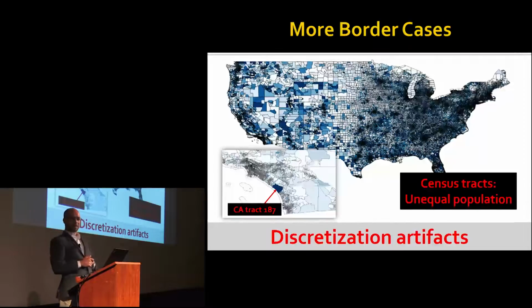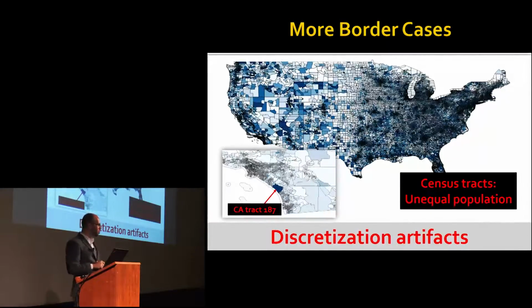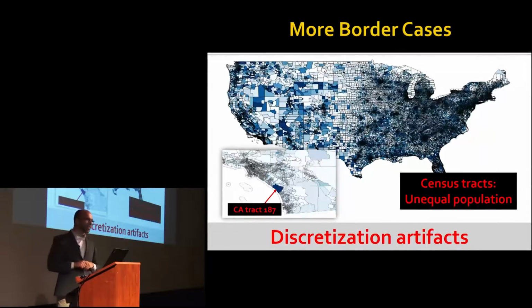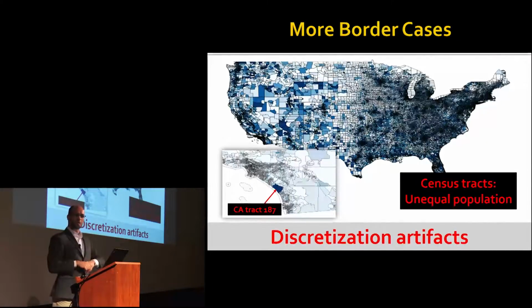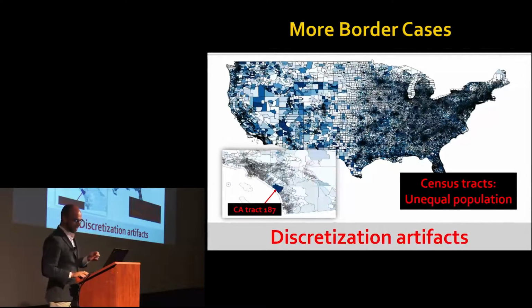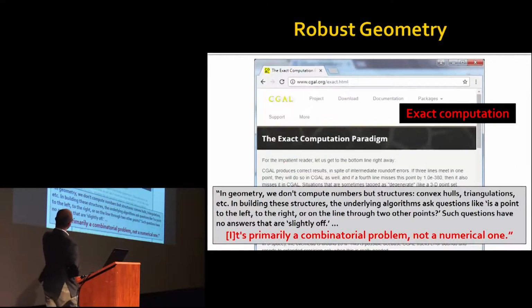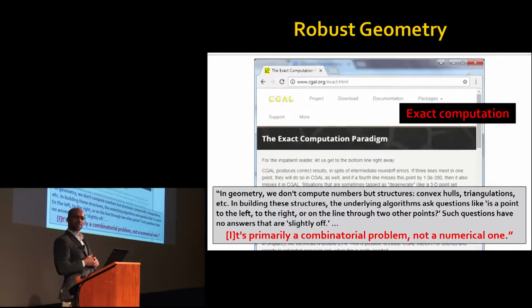So in the geometry community, this is one of these concerns that comes up over and over again. When we do computational geometry, it's not enough to just consider software that usually works. We have to consider every possible case. If you look, for example, at the documentation of CGAL, the Computational Geometry Algorithms Library, which is one of the most common tools for writing geometric software, you'll see that they have a lot of high-level explanations of what can go wrong.